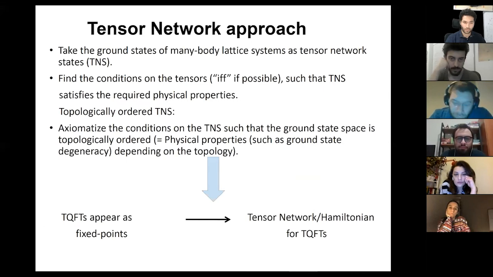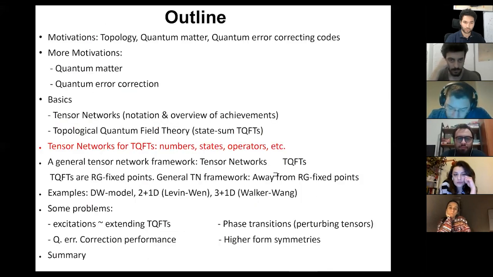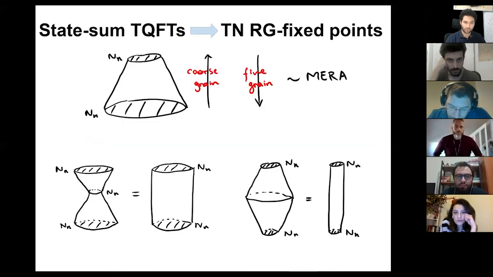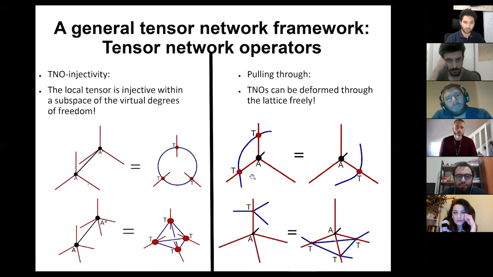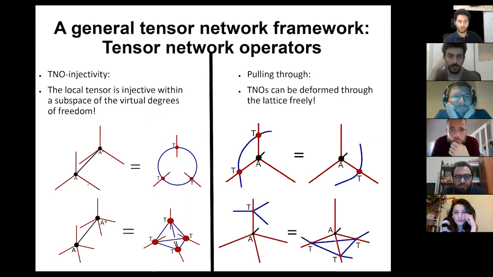Then you may want to mimic the following formalism, where in a continuous tensor network state, you want to have operators on the virtual level that can be deformed through your network. Okay. And it is unclear to me how to do that in the continuum case.